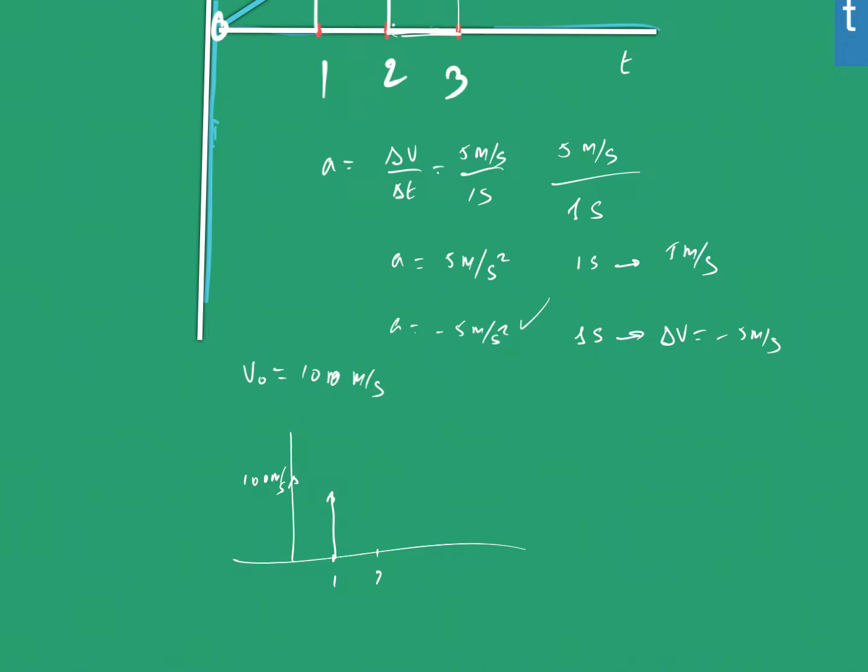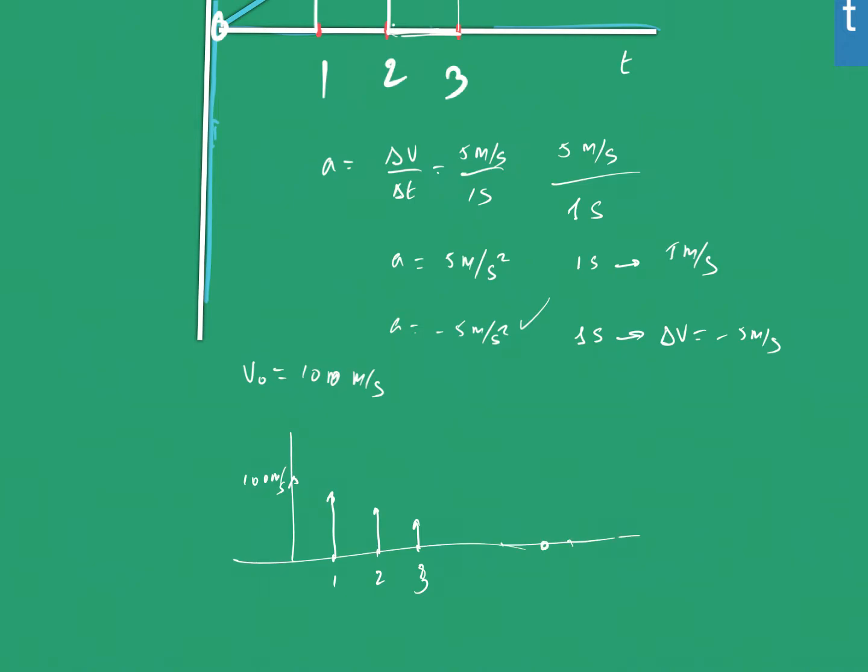After the following second, you will lose another 5 meters per second, so it will be 90. After 3 seconds, it will be 85, etc. And of course, it will arrive at a point when the velocity will be 0.